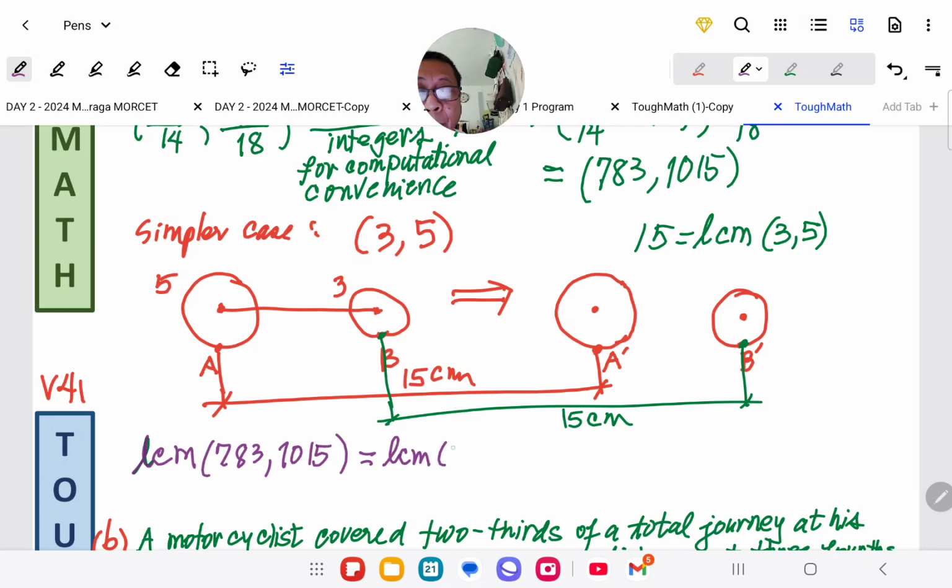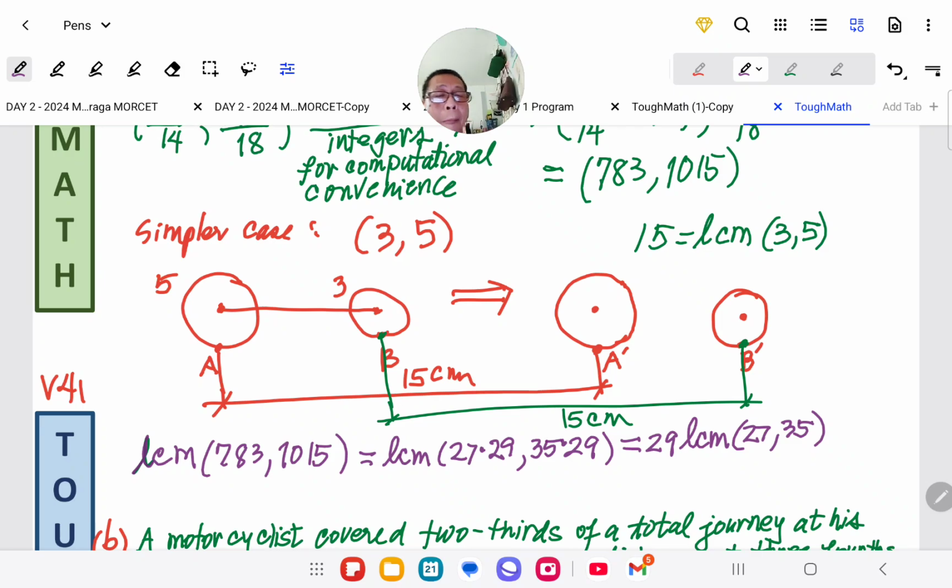783 is equal to 27 times 29. And 1015 is 35 times 29. Since 29 is common, we can put it outside. So we have 29 times the LCM of 27 and 35.